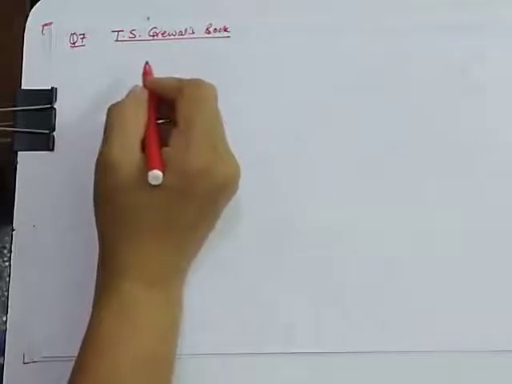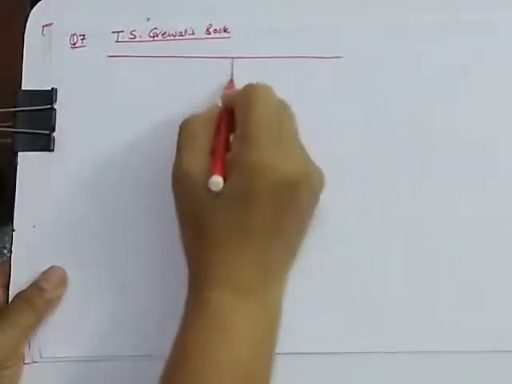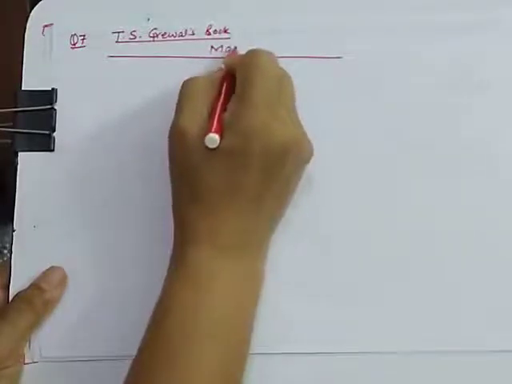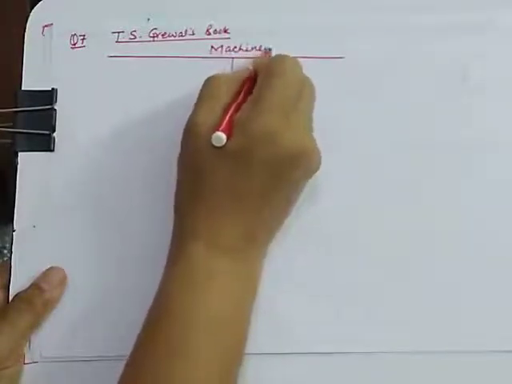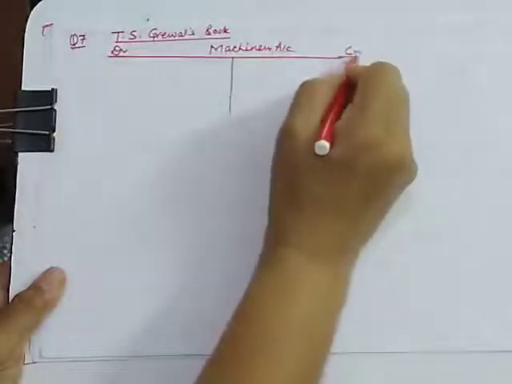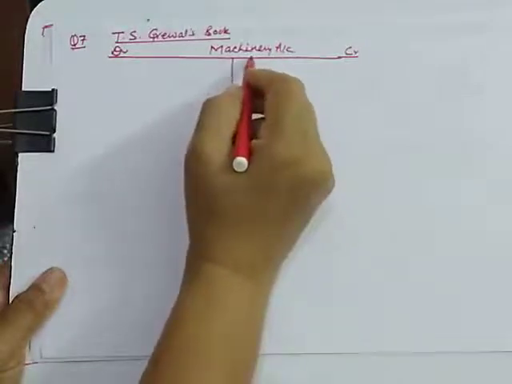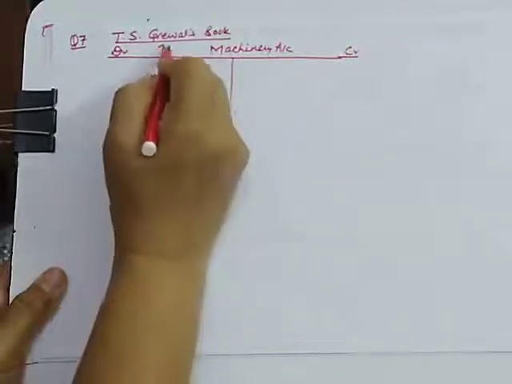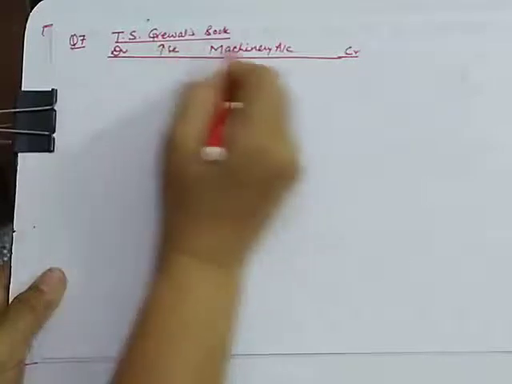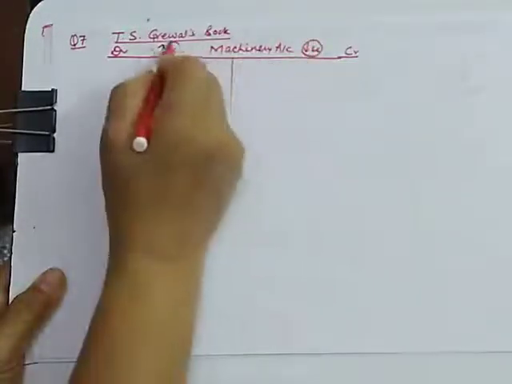First of all, you are buying machinery. Let me prepare the T-shape machinery account. This is debit, credit. What is the nature of machinery? It is an asset. So in the case of an asset, debit is the increase side and this is the decrease side.